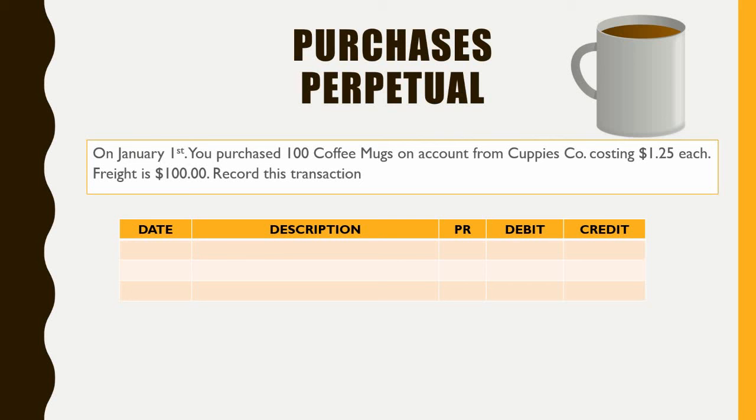Record this transaction. What do you guys think my journal should look like? January 1st, inventory for 225.